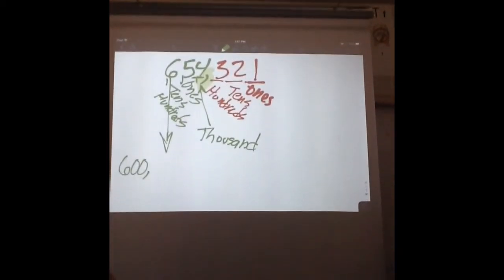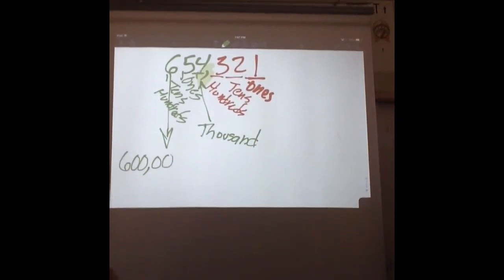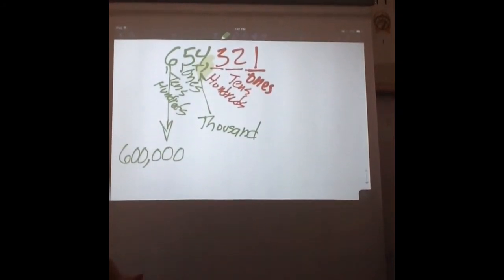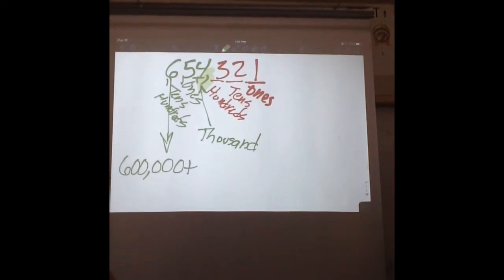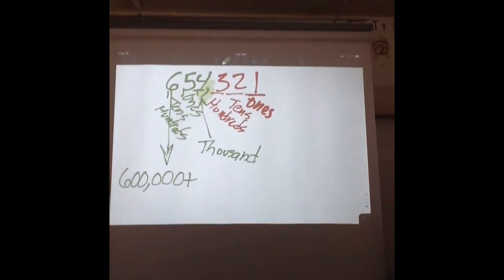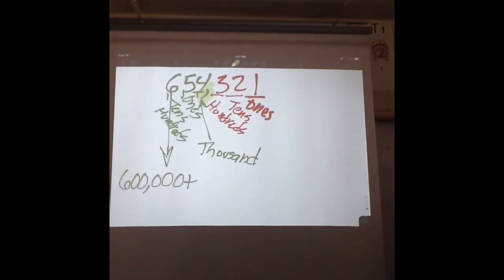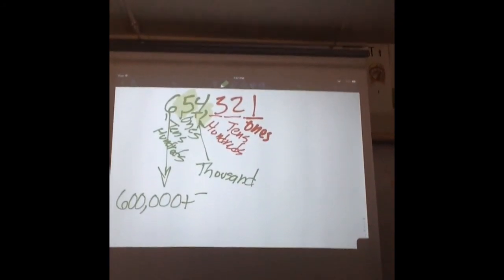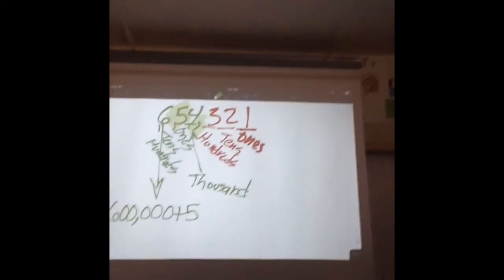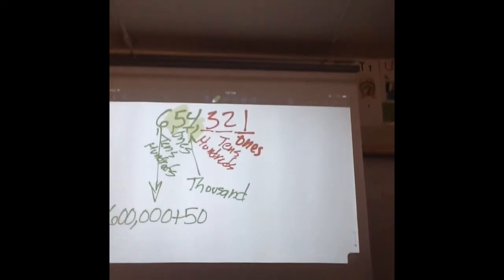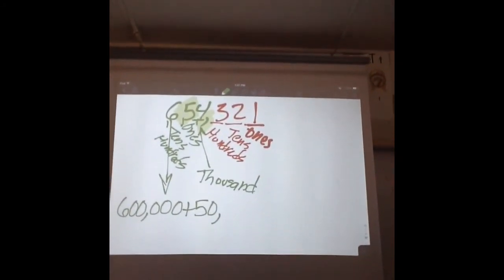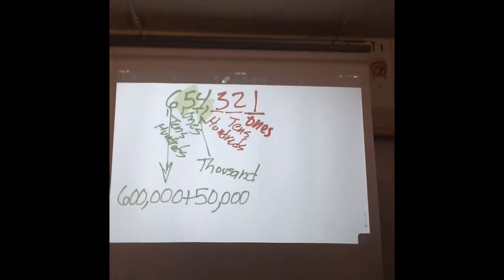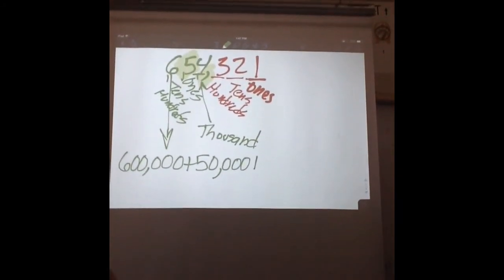Okay, and then the 3 is a 0, the 2 is a 0, and the 1's a 0. Now I have to put a plus sign, right? Now what's my next number I'm going to use? I'm going to use this 5, right? So now I'm going to put a 5, and the 4 becomes a 0. On my road sign, 0. 3, 2, 1, right? Another plus sign.